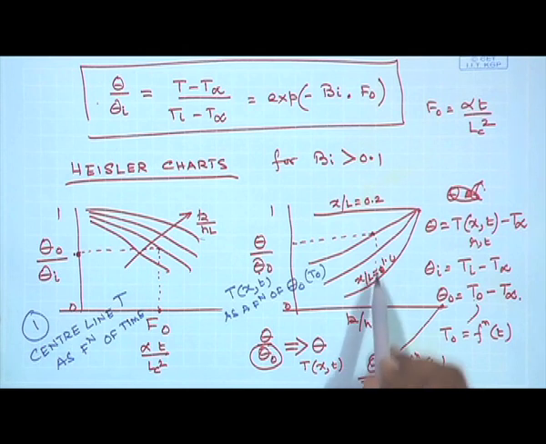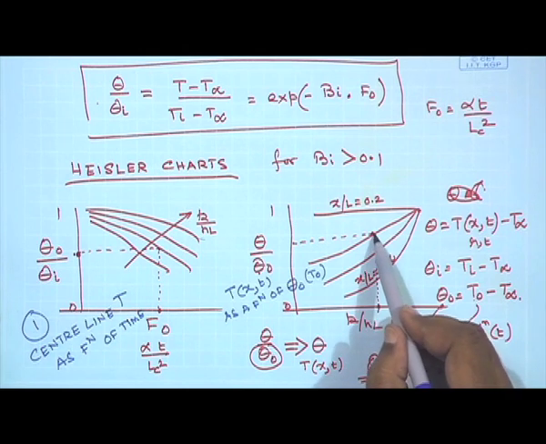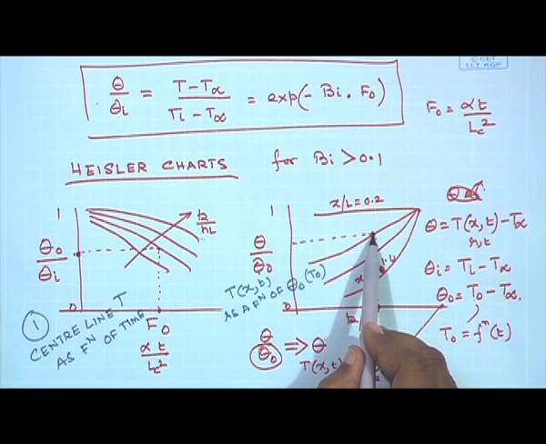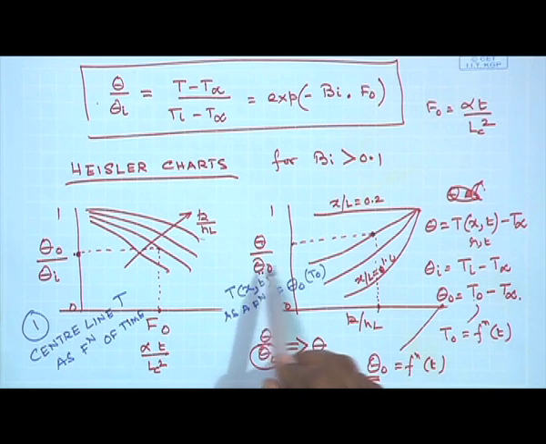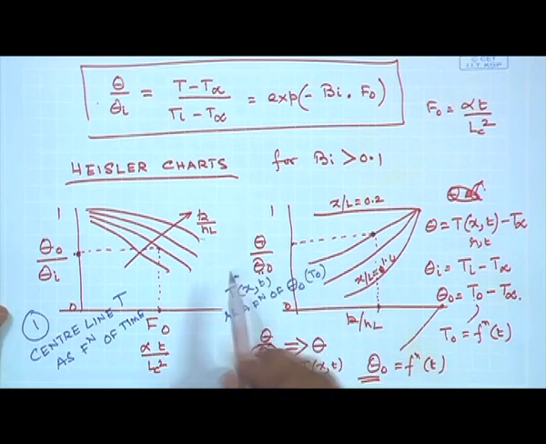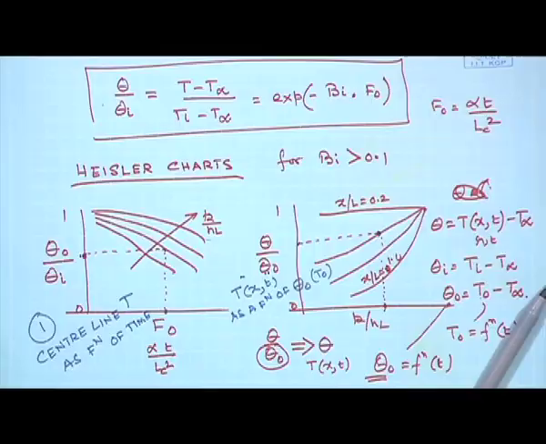The second one, these lines are for different locations. At the desired location, what is the value of theta, that is the temperature, as a function of the central line temperature. So using these two graphs together, I would be able to find out the temperature of a solid object at a given location and at a given time.